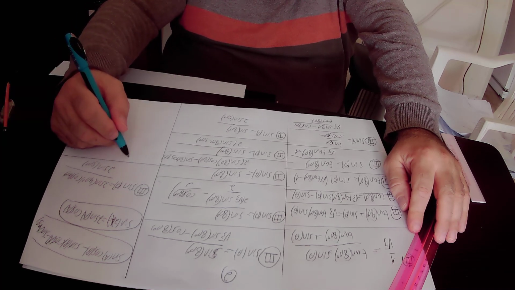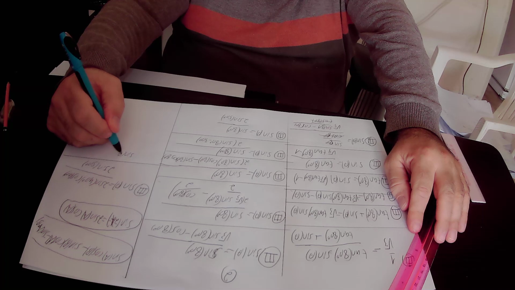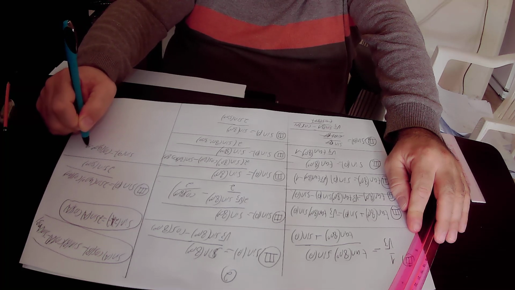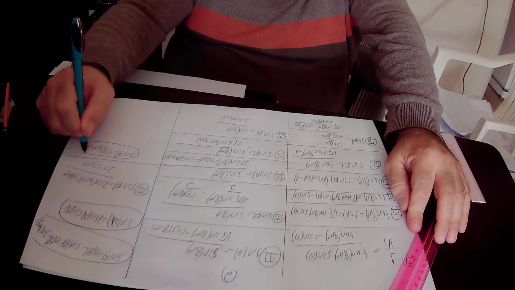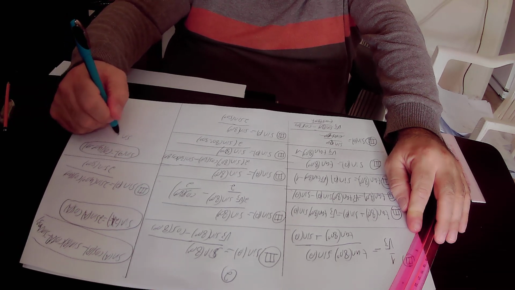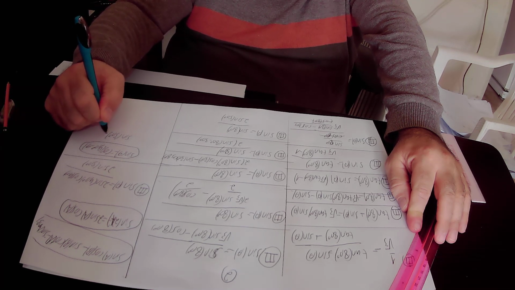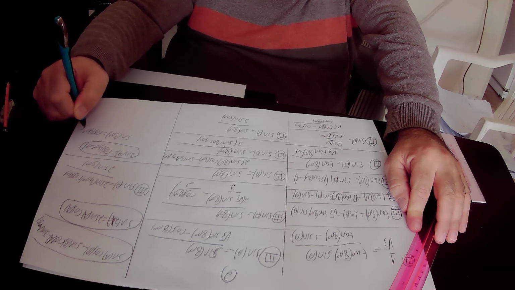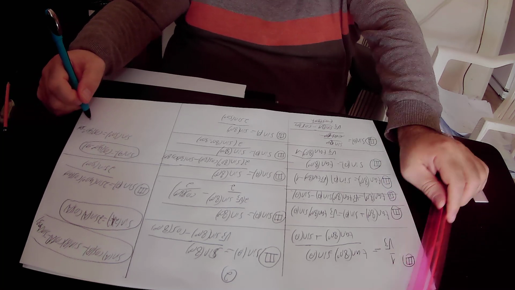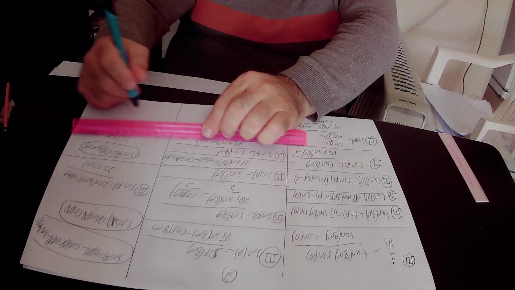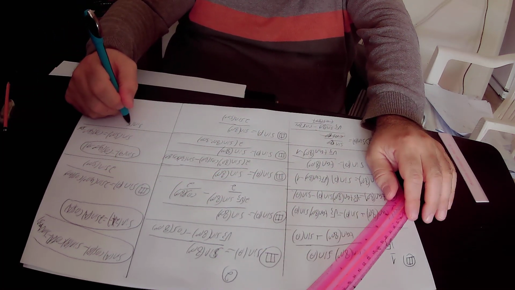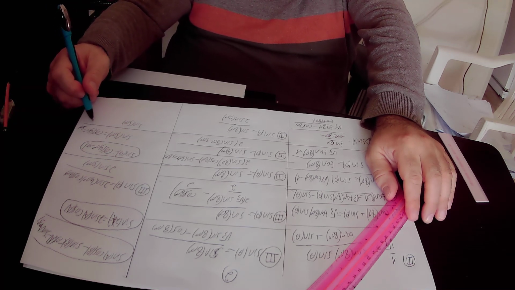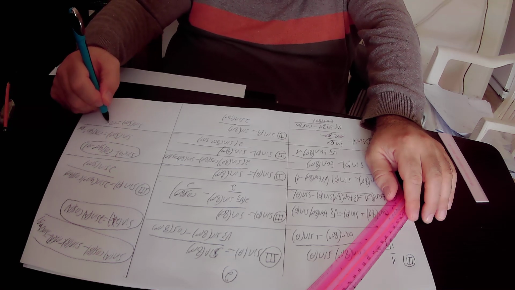According to the trigonometric identity that sine alpha equals cosine 90 degrees minus alpha, we will get that the value of sine 50 degrees is equal to cosine 90 degrees minus 50 degrees. 90 degrees minus 50 degrees is 40 degrees, so it equals cosine 40 degrees.